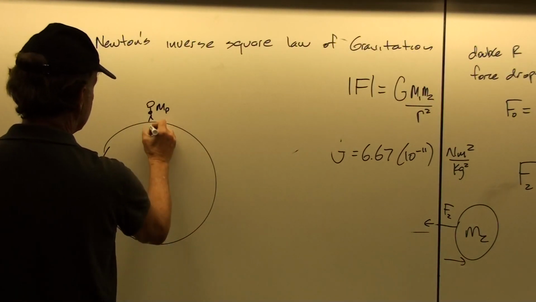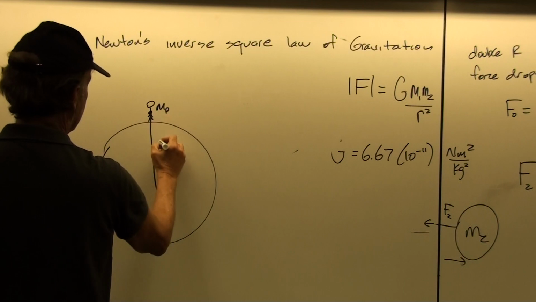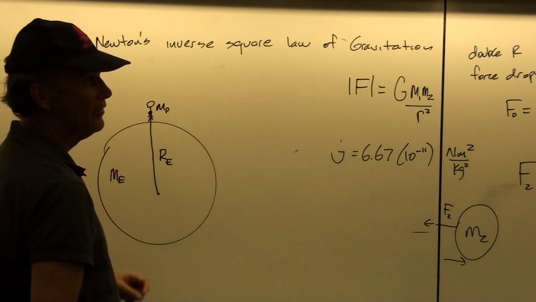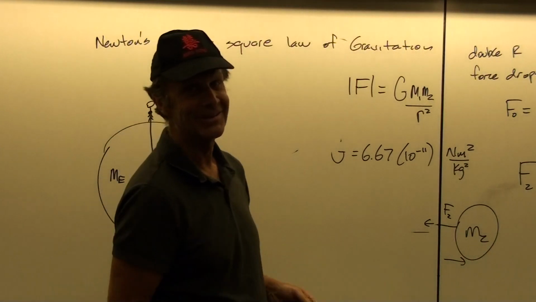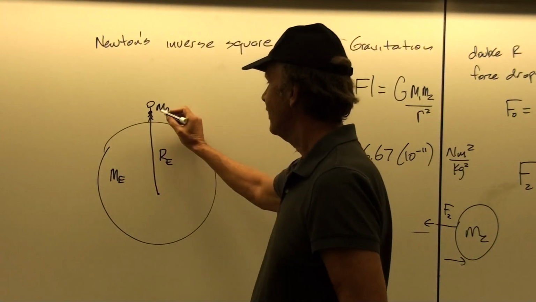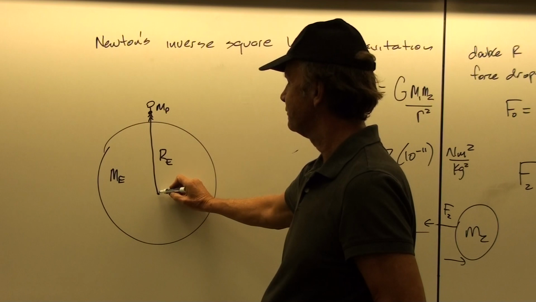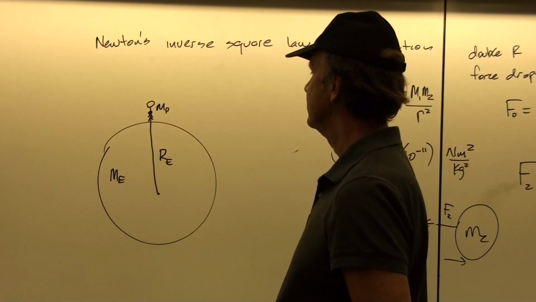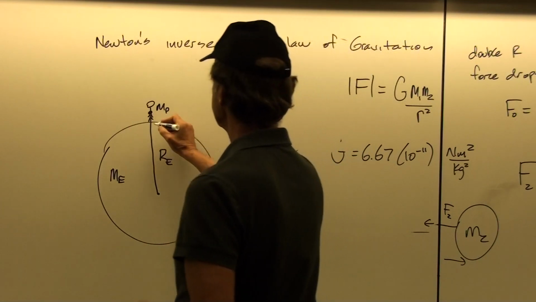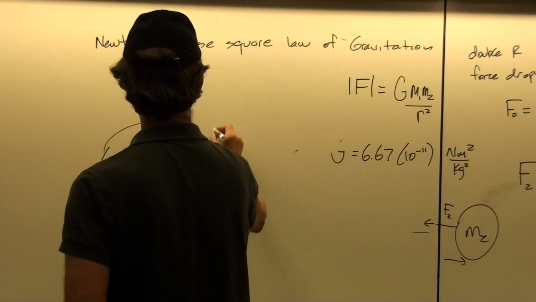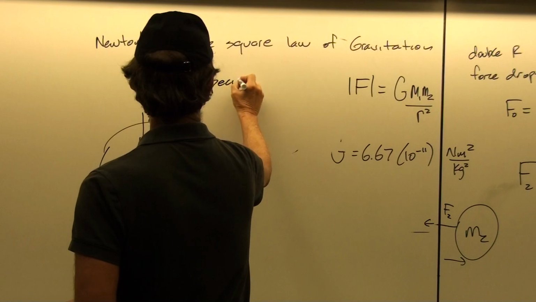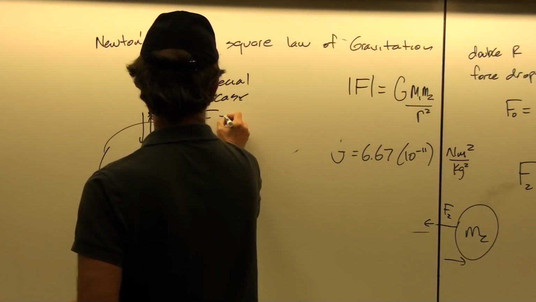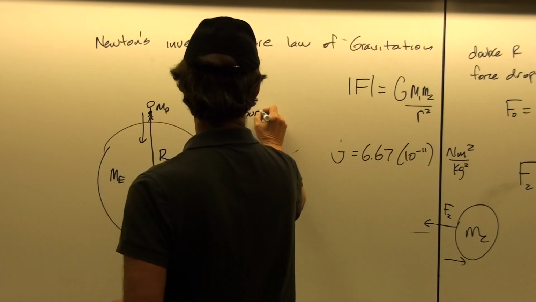The radius r is basically the radius of the Earth plus 1/2 of your height, which is essentially the radius of the Earth. So we'll just call that distance from the center of the Earth to the center of your body the radius of the Earth. Then the force that you feel in this case is your weight.